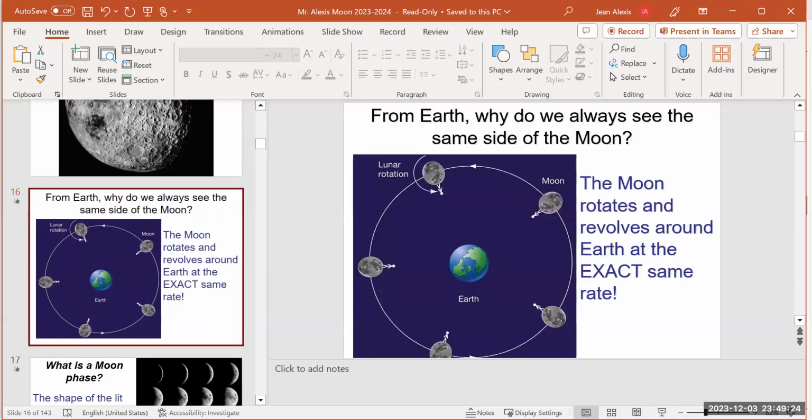There we go. So we said in our notes, from Earth, why do we always see the same side of the moon? The moon rotates and revolves around the Earth at the exact same rate. So what does that mean? Let's go back to our question.